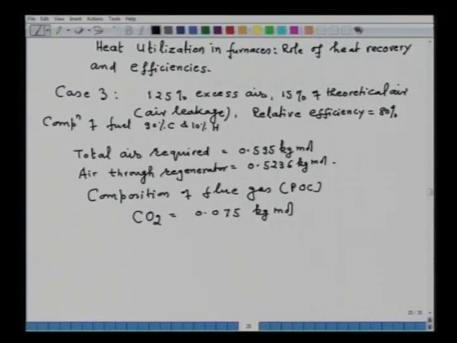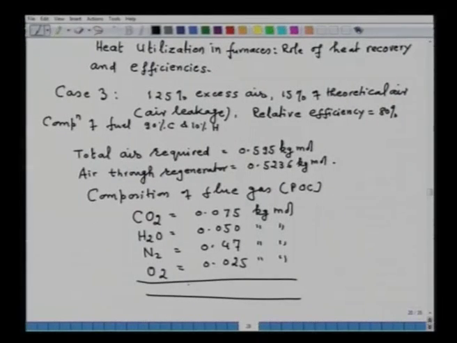Now, remember, by taking excess air, the amount of CO2 is not going to change. Similarly, H2O will be equal to 0.050 kg mole. The amount of nitrogen will be equal to 0.47 kg mole, and the amount of oxygen will be equal to 0.025 kg mole.